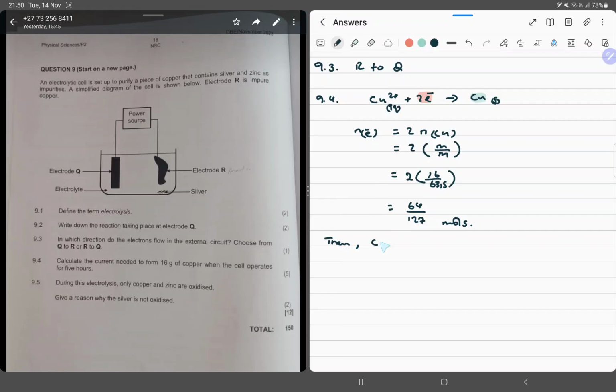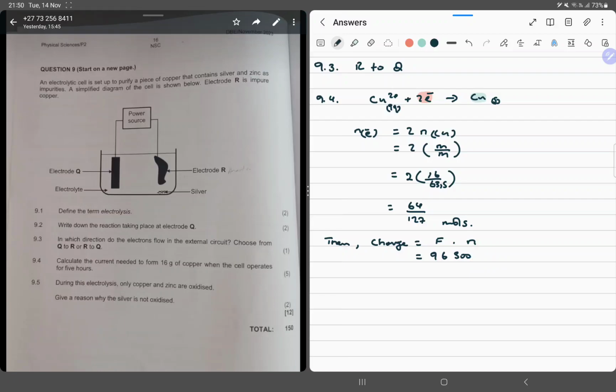We can say then charge is going to be equal to Faraday's constant. There's plenty of ways that you can express this. Multiplied by the number of moles, is it not so? Because that would be the total charge that we have. So now what is Faraday's constant? It is 96,500 coulombs per mole.